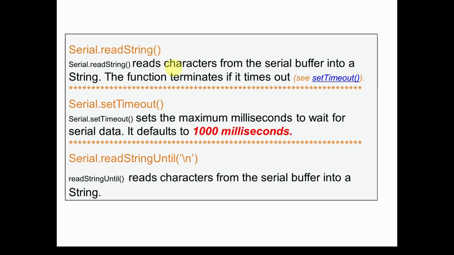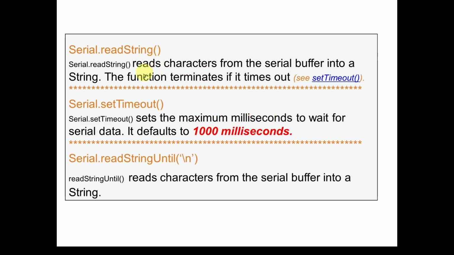If it's not sure it's got your entire string, it will wait for 1 second and then time out and go on to the next step. So we have to be very careful when reading this string. When we send the string, we have to make sure readString knows that the string is terminated, so it can move on and not just sit there and time out.